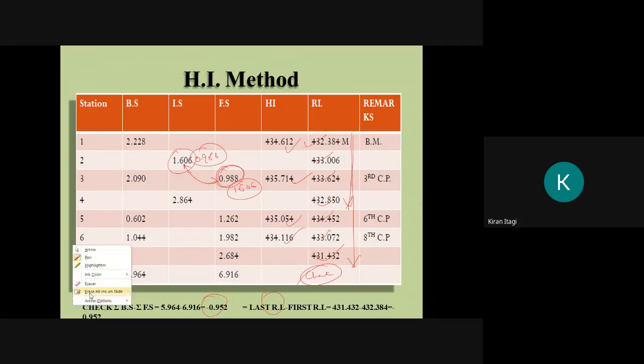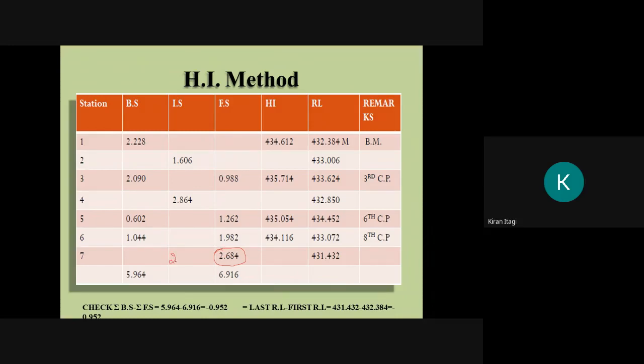In some cases, what most students do wrong is that they write the last reading, that is 2.684, in the intermediate sight column. When they go for checking, everything up to this point is correct, and the RL also comes out correct.